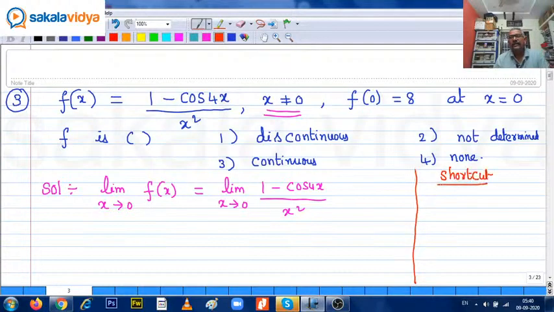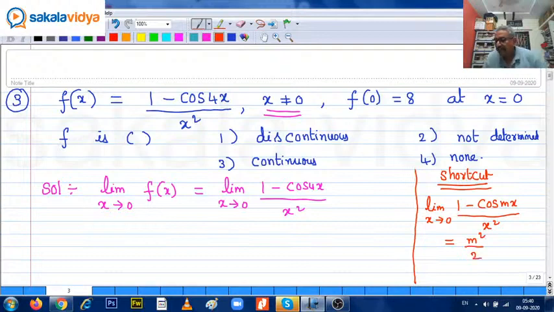What is the shortcut formula? Limit as x tends to 0 of (1 minus cos mx) upon x square is m square upon 2. This is the shortcut formula. With the help of this shortcut formula, we can find this very easily.